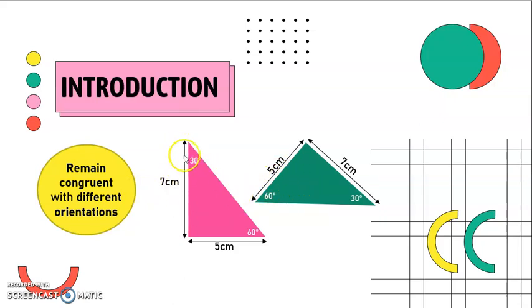So we have the height is 7 cm with a base of 5 cm. Also, the angles are equal. Since these two shapes have the same size and same shape, we can also say that these two triangles are congruent, even though they have a different orientation.